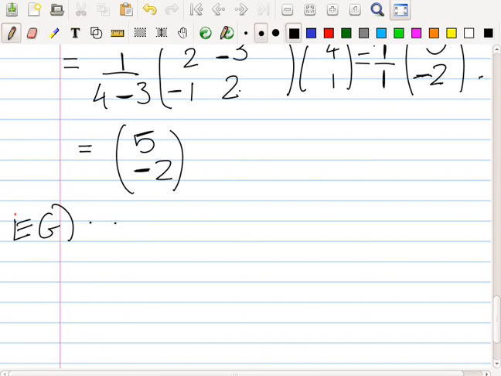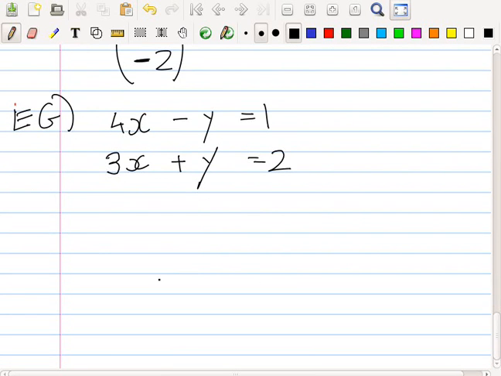Okay, let's say 4x minus y equals 1, and then let's say 3x, let's make it a little bit trickier, plus y equals 2. Okay, so x, y, so what will that equal?